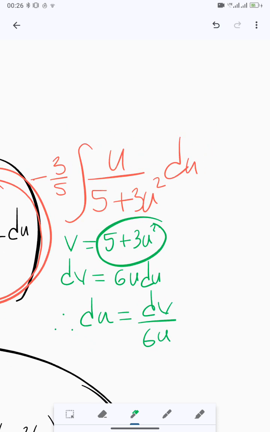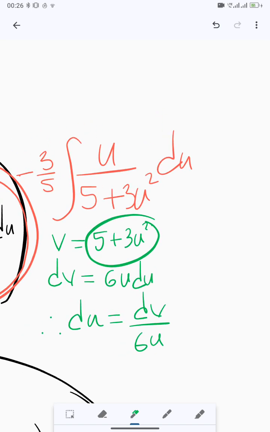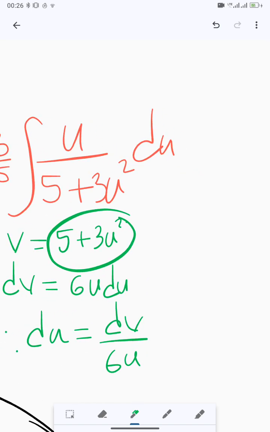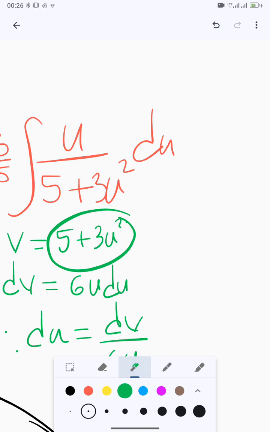Now, since I'm using u substitution, I have to replace u with u, then du with dv over 6u. I'm going to rewrite; this doesn't change.